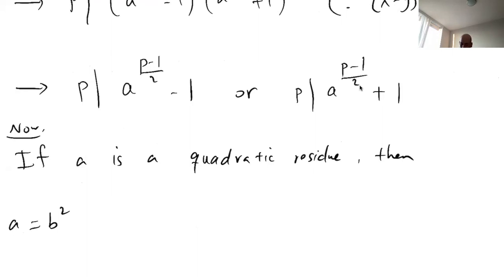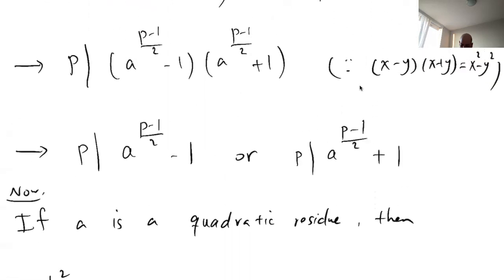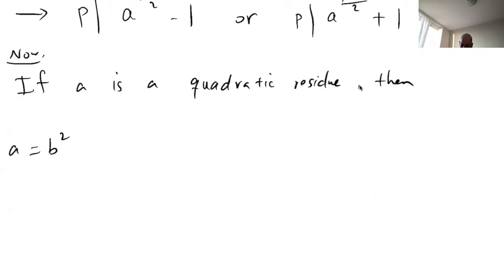A will be equal to some B squared. And what can I say about A to power P minus 1 over 2? Therefore, for some B in ZP, of course, that one also not equal to 0. If A is not equal to 0, B will be also not equal to 0, because if B is 0, A will be 0.